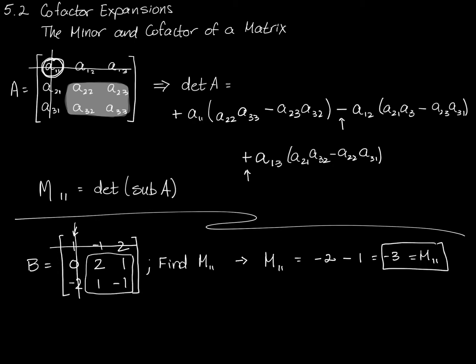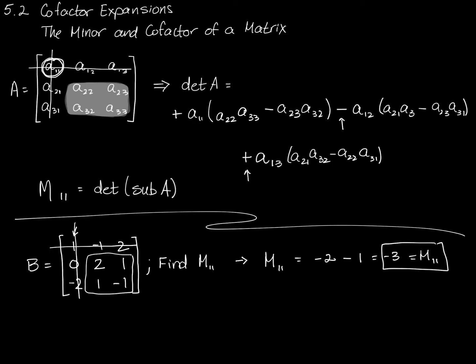Now, when we found the determinant of a 3 by 3 matrix, we used the minor of the first row, first column entry, which was this determinant, the minor of the first row, second column entry, which is the determinant of these 4 entries, and the minor of the first row, third column entry, which was the determinant of these 4 entries. But we're not restricted to that.